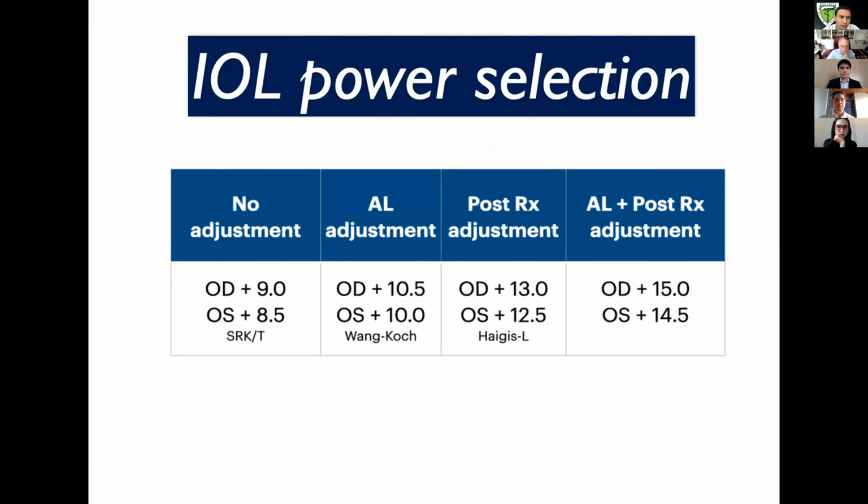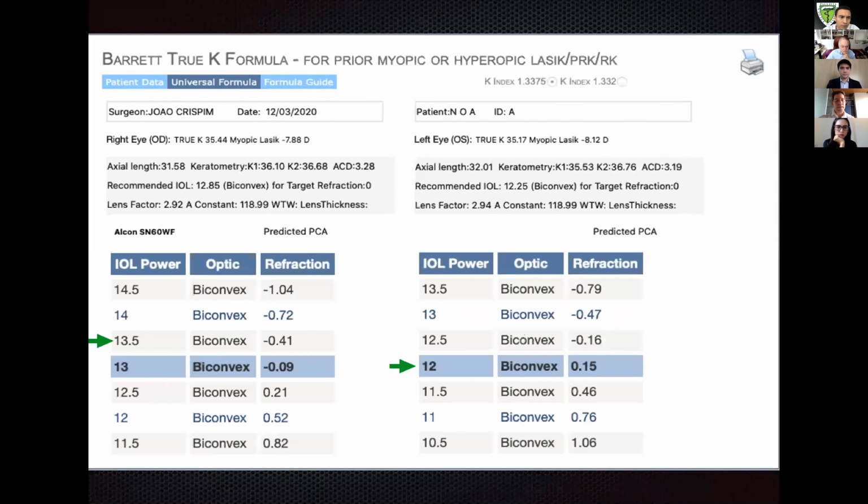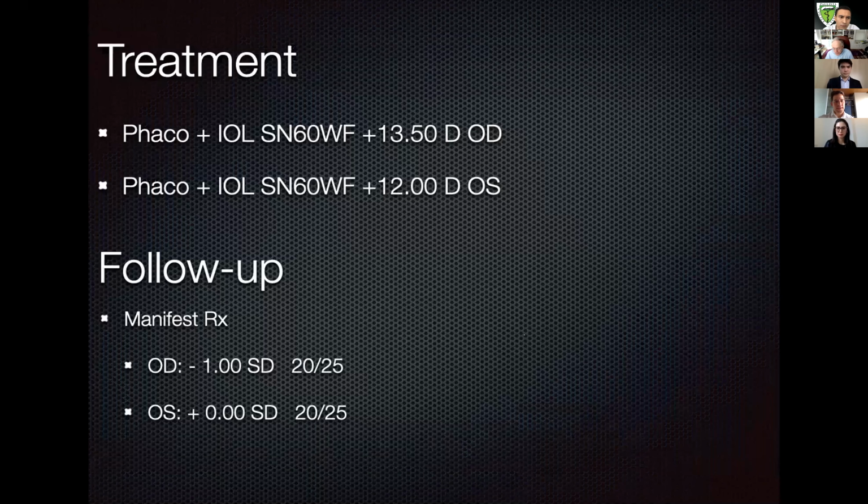For the right eye, I decided to go a little bit more myopic because, as Dr. Koch said, extreme myopic patients are very sad and greatly disappointed when they get hyperopic results. So I went a little bit more myopic in the right eye first. The SN60 powers I used were 13.5 and 12.